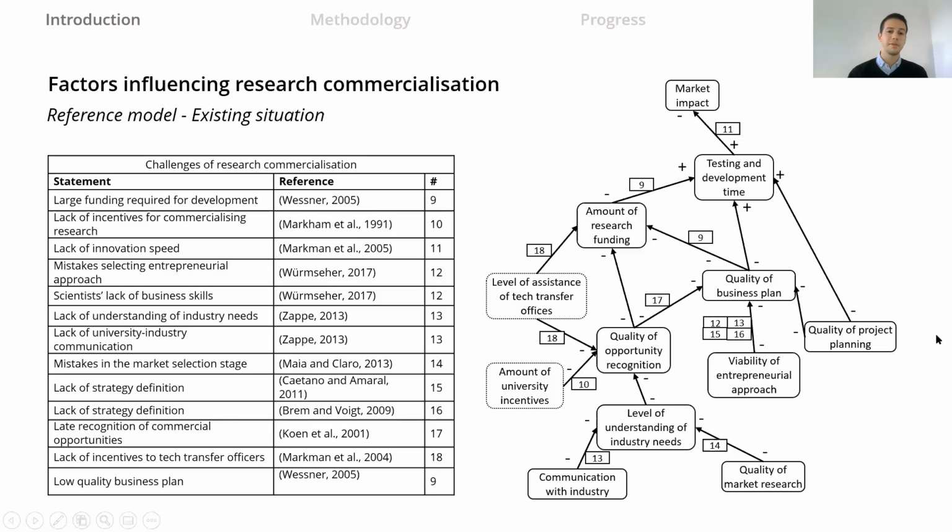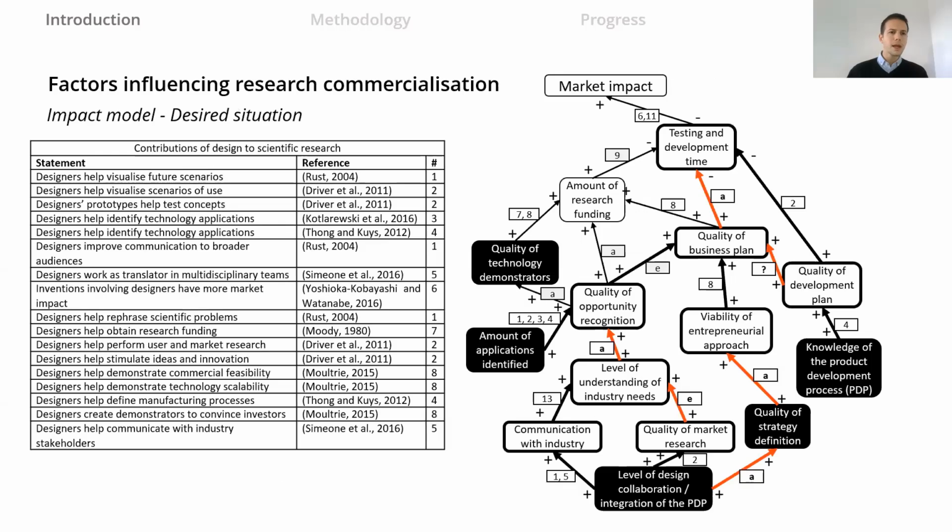And as there are so many factors influencing technology commercialization, it's very challenging to make sure that you're actually doing all the good practices. So this is an influence model that is trying to show what needs to be changed in order to change that situation. It doesn't mean that the research I'm doing is going to explore all these alternatives, but this model helps to understand the field a little bit.